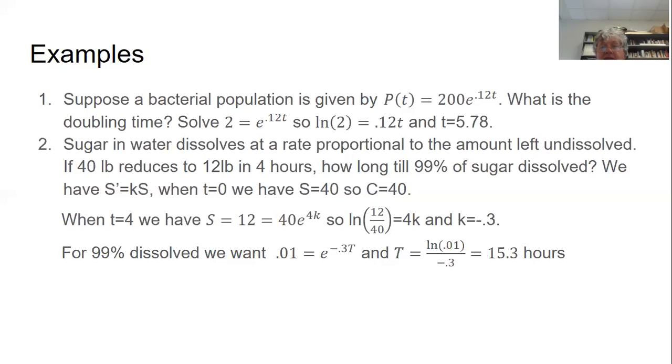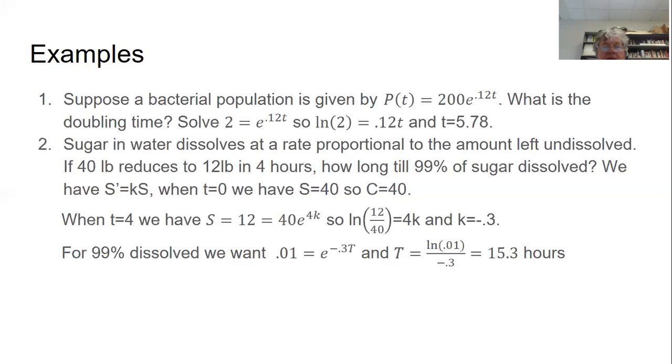It's good that k is negative, right? Because we're in a decay situation. So for 99% dissolved, we want 1% left undissolved. So we want 0.01 equals e to the minus 0.3t. t is the time to get there. Again, we take logs.